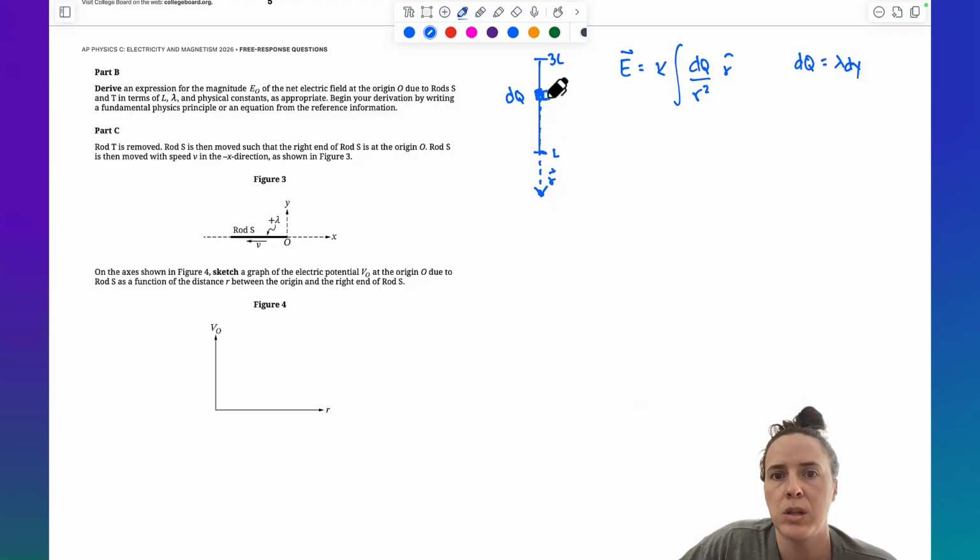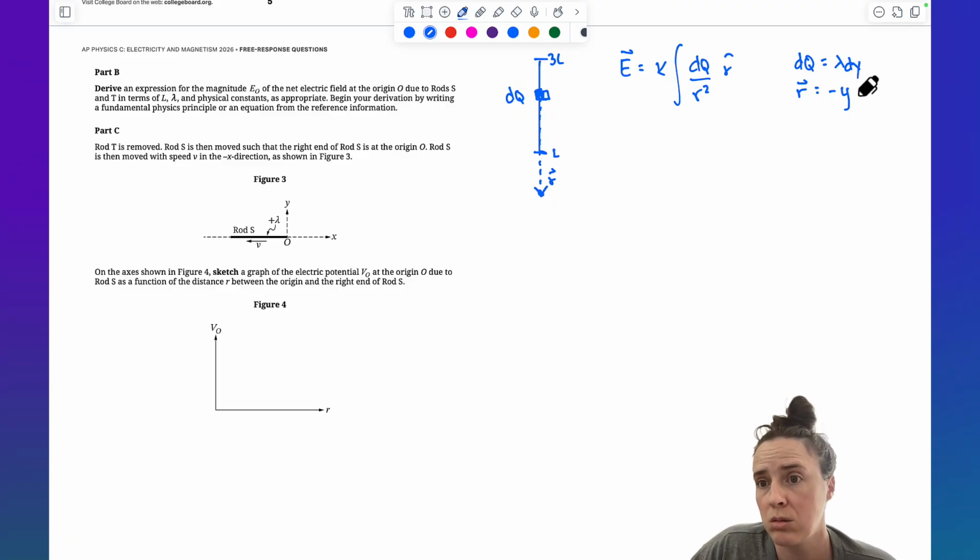My r vector points from that little dq to the point I care about. So that distance is where am I on the y-axis, but down. So my r vector is going to be negative y in the y direction. So we'll go ahead and add our little j hats there. And then r hat is just j hat because it's in 1D, which is really nice.